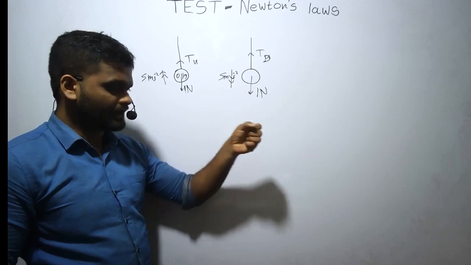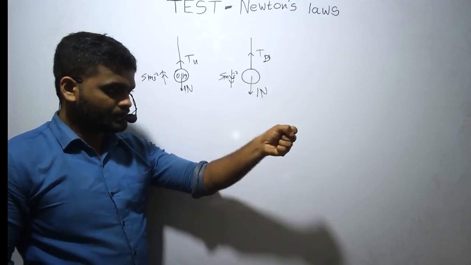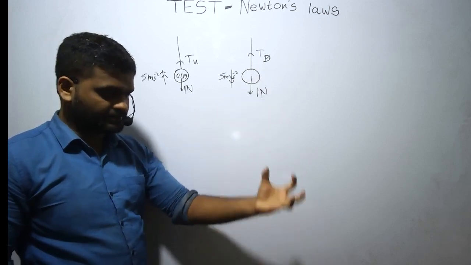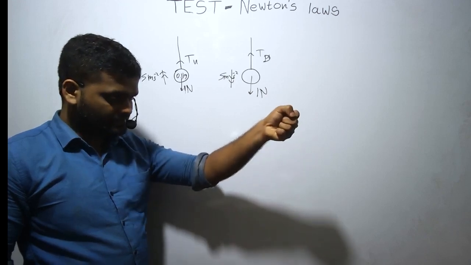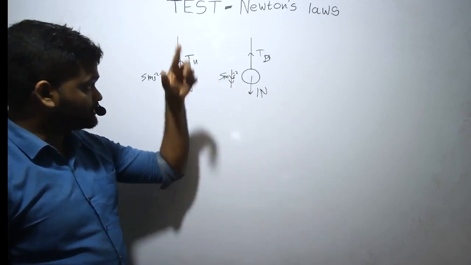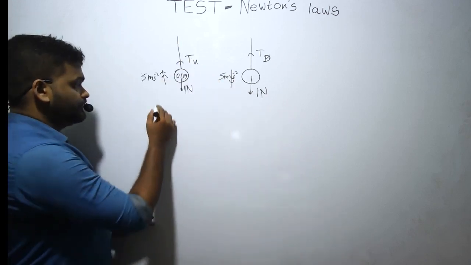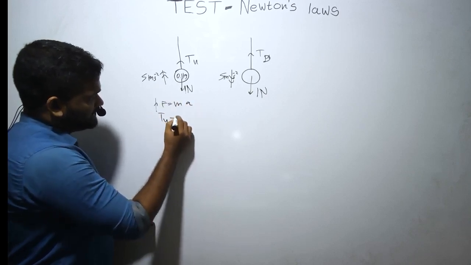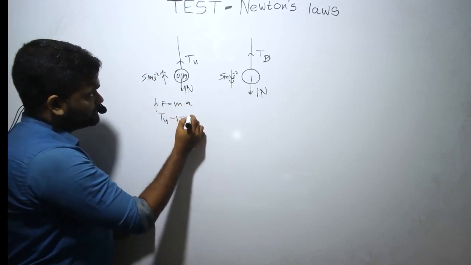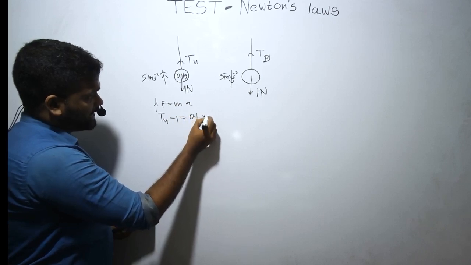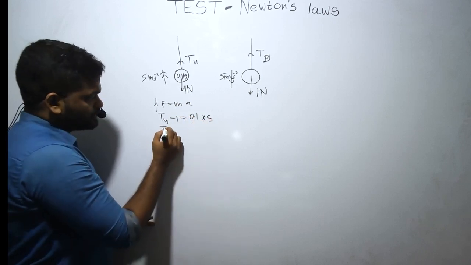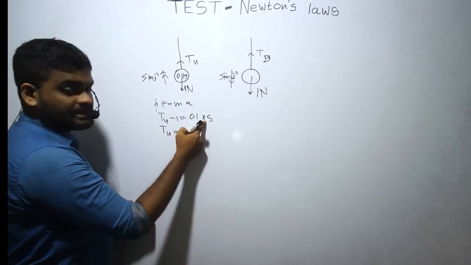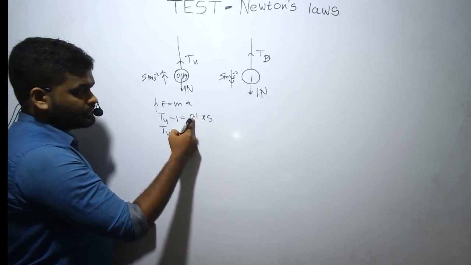This is what happens. So you can see that if you are lowering the object at a certain acceleration, the tension should decrease, right? Here, tension is higher. We'll see, just apply F equals ma to this. So Tu upwards minus 1 equals 0.1 times acceleration 5. So you can find Tu: 0.1 times 5 is 0.5.